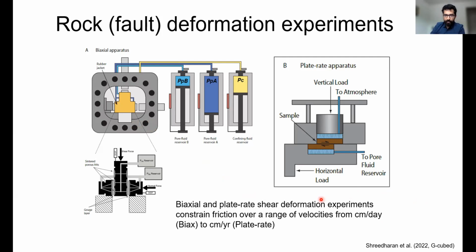And in the plate rate apparatus, or the single direct shear apparatus, you just have one fault that you're shearing. So in both cases, the fault is sitting in a fully saturated state at a constant pore pressure and a realistic stress state. In the biax, you have the luxury of an essentially true triaxial stress state, whereas here, that is not necessarily the case, but the effect is the same.